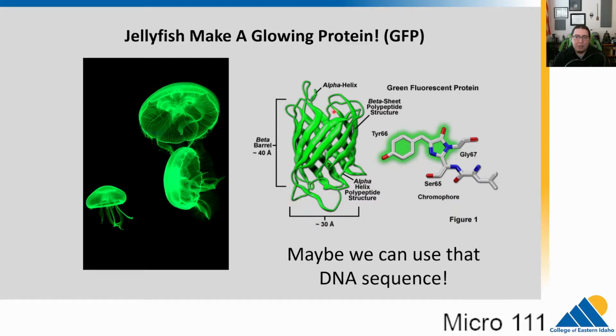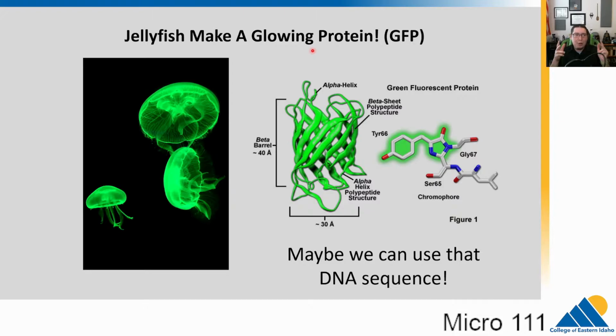This protein has a specific shape, and when UV light hits it, they actually glow this fluorescent green color. So you're real clever and you go, I could take the DNA sequence for this protein and maybe I could stick it into my mouse to make it glow, right?